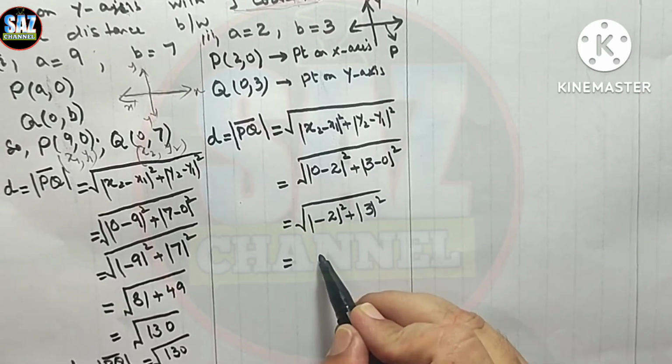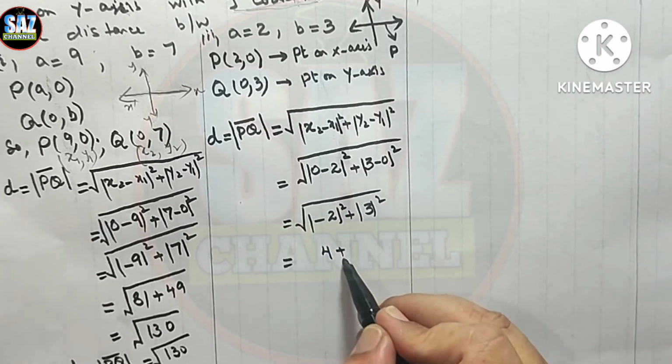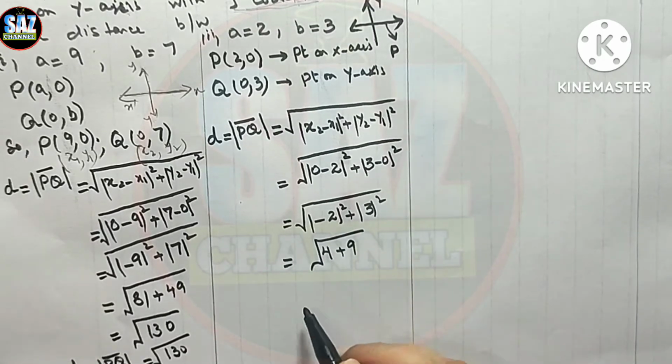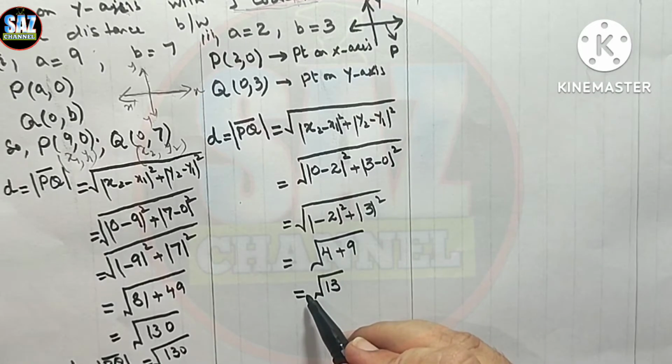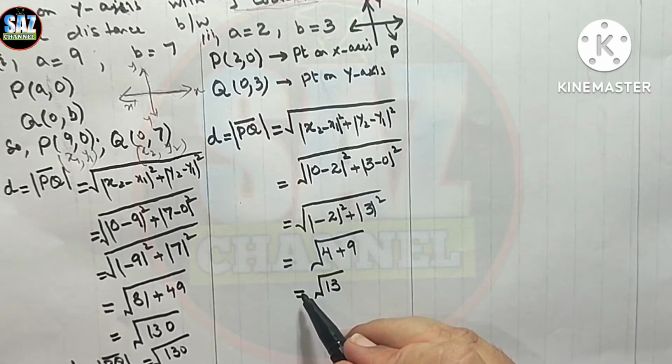This is 2 square is 4 plus 9, which is equal to 13, square root 13. So the distance between the points P and Q is square root 13 units.